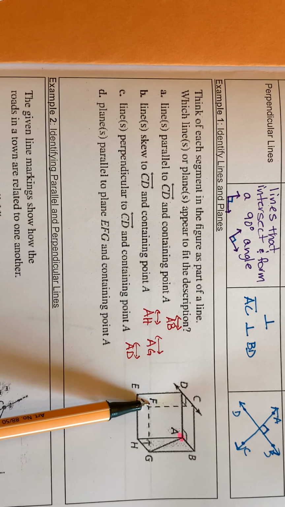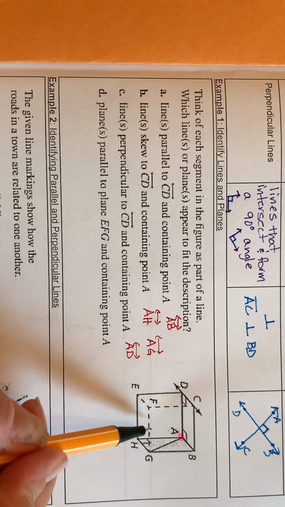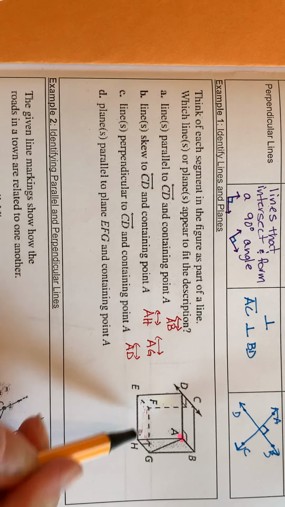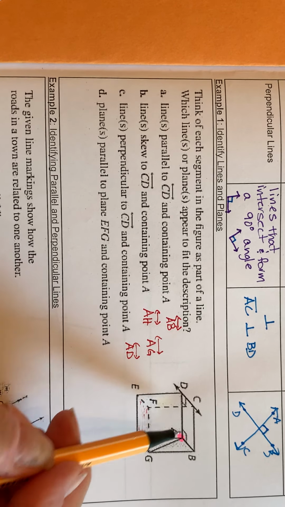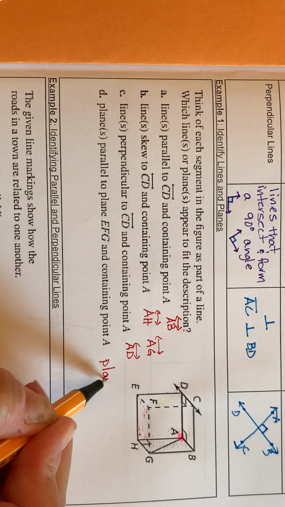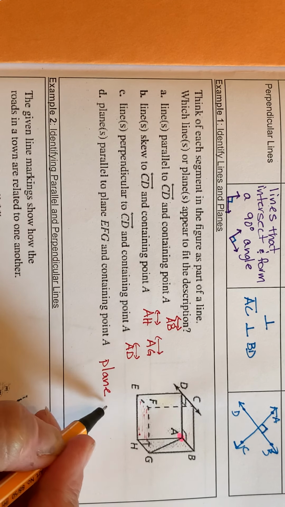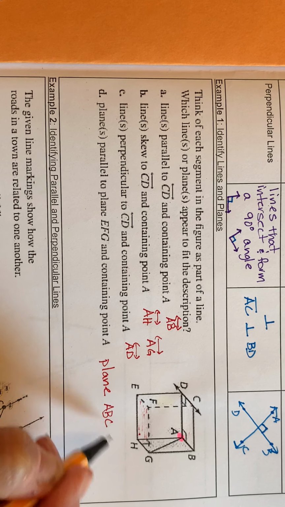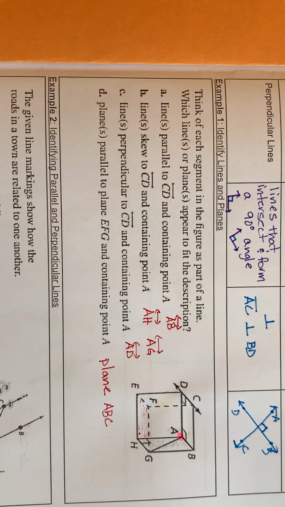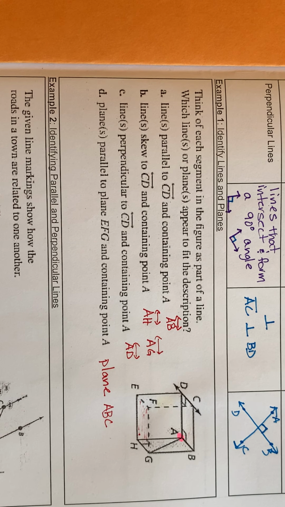So E, F, G, they're talking about the bottom of this cube. And so if it's going to contain point A and it has to be parallel to it, we need to name the top. So we will call it plane ABC, but any three of the four letters A, B, C, D would work. Okay.